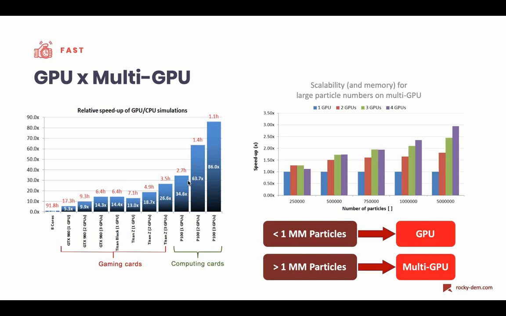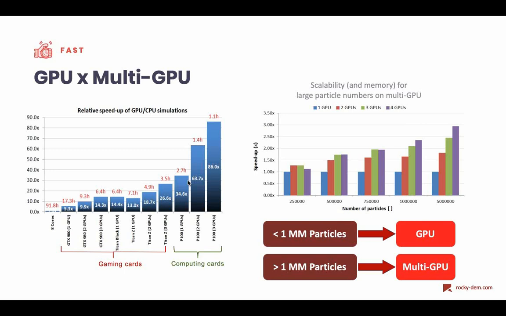If I use Rocky on an 8-core machine for a given problem, I can wait 91 hours using 8 cores. But if I put in GPUs, even 3 P100s, which is not a recent one, I can reduce from 90 hours to 1 hour.